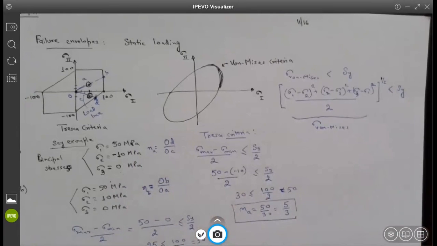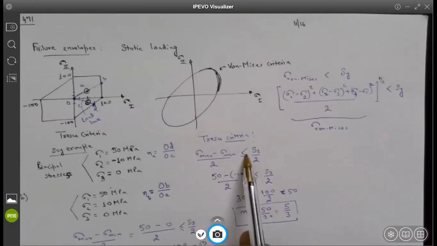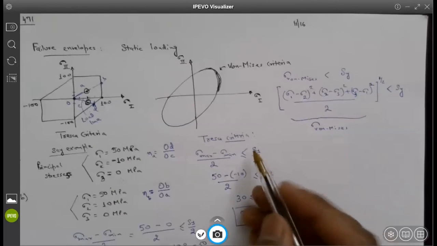On your lecture slides for the Tresca theory, it says sigma max minus sigma min over 2 is greater than or equal to the sy over 2. Yeah, so what it says, if it is greater than, failure will occur. If it is less than, then you are within the envelope. Okay, thank you.